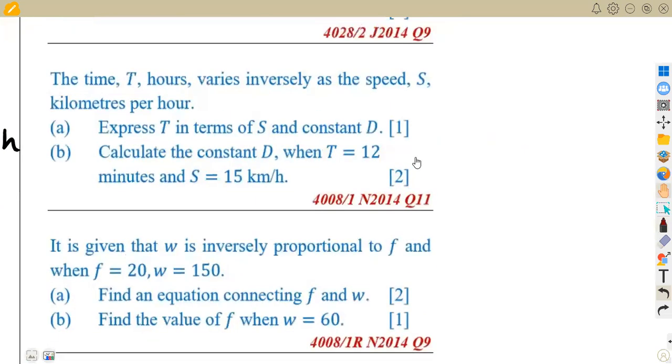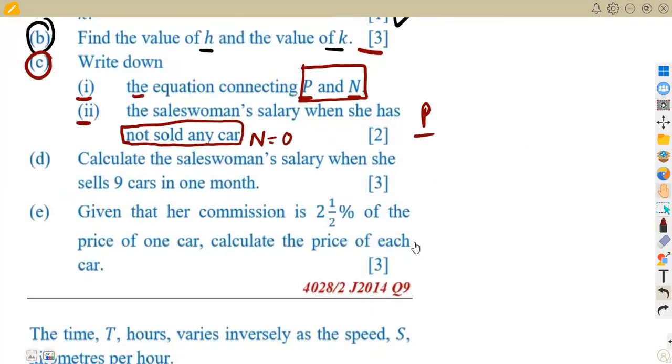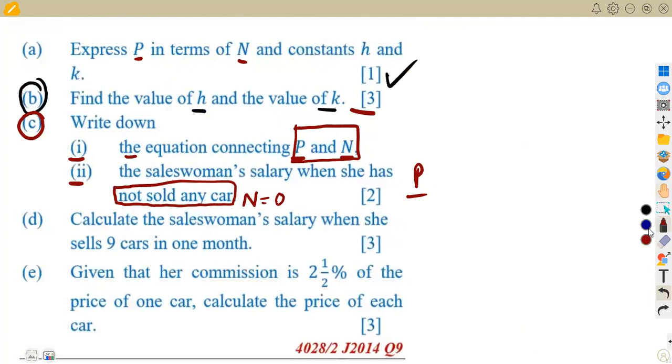All right, the D part now is they're asking us to calculate the saleswoman's salary this time when she sells 9 cars in 1 month. So now she sold something, 9 cars. We are given that N is equal to 9.